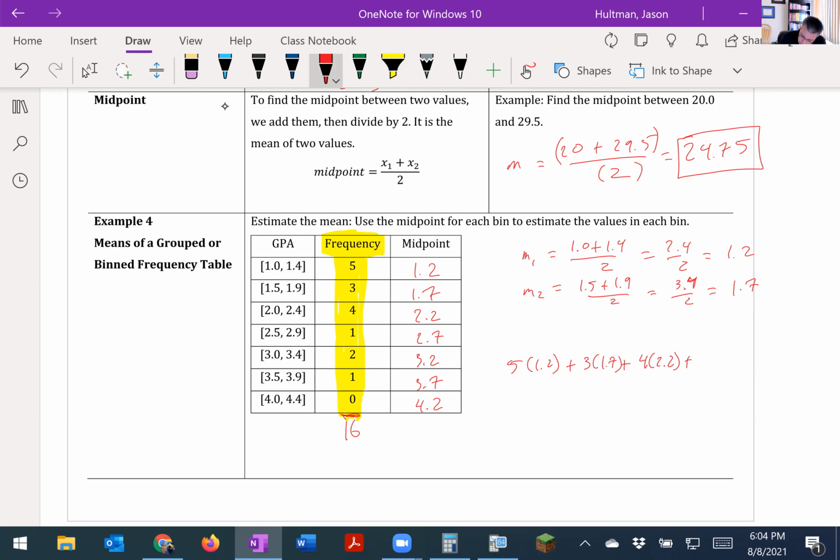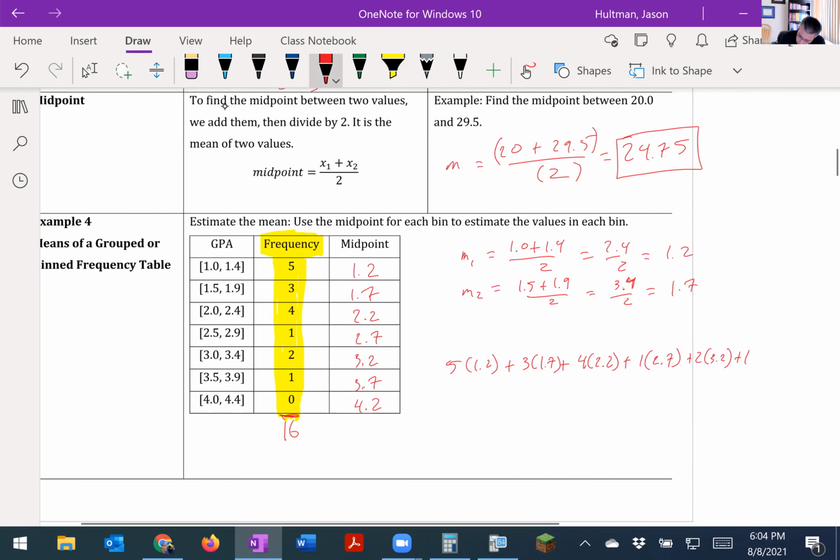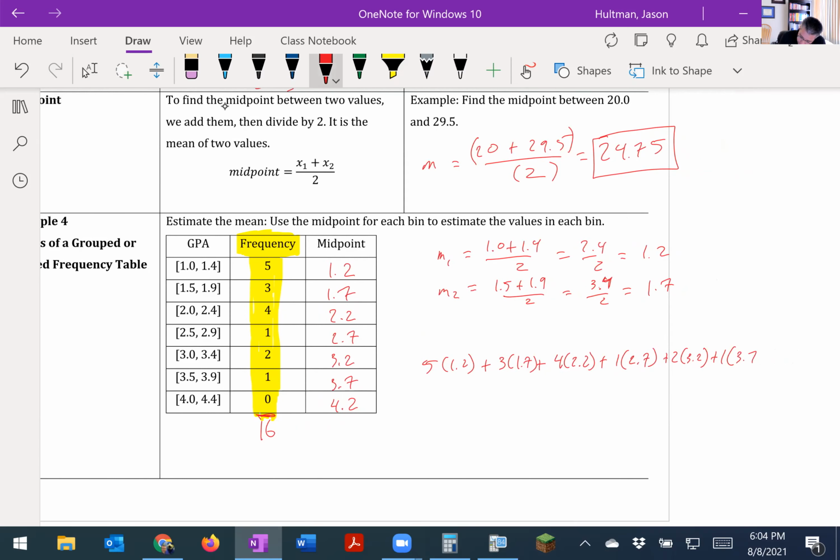And then I add that to 1 times 2.7. And then I add that to 2 times 3.2. And then I add that to 1 times 3.7. And then I add that to 0 times 4.2, which is just 0. And that's all going to be over 16 here.